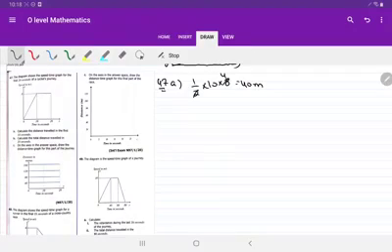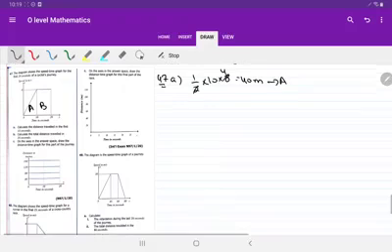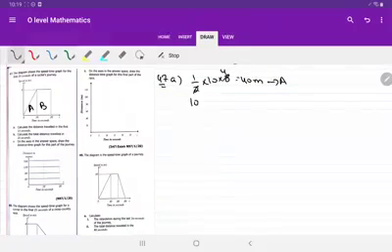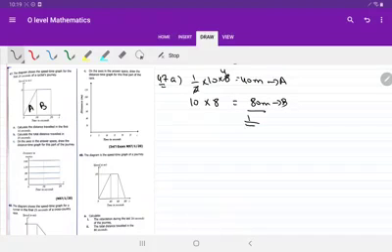That is 40 meters. Then the total distance traveled in 20 seconds. So if I label this as A and this as B, I have found A. B is 20 minus 10 is 10 into 8, that is 80 meters, and the total distance is 120 meters.